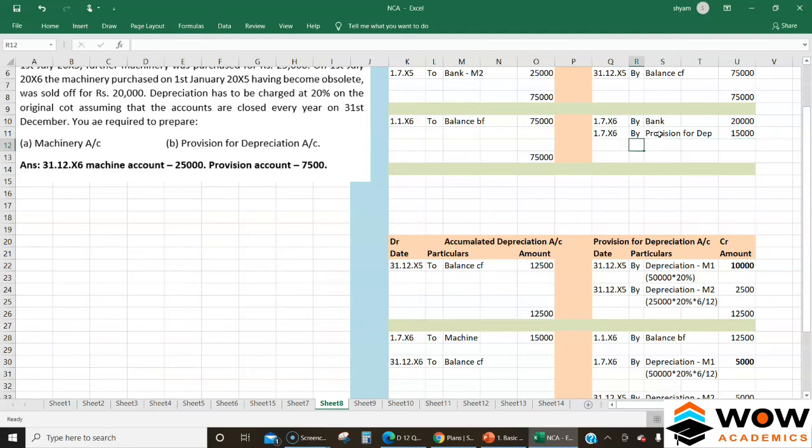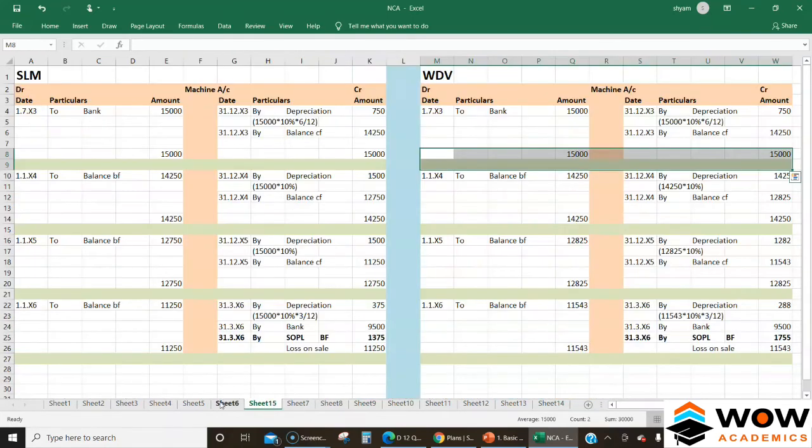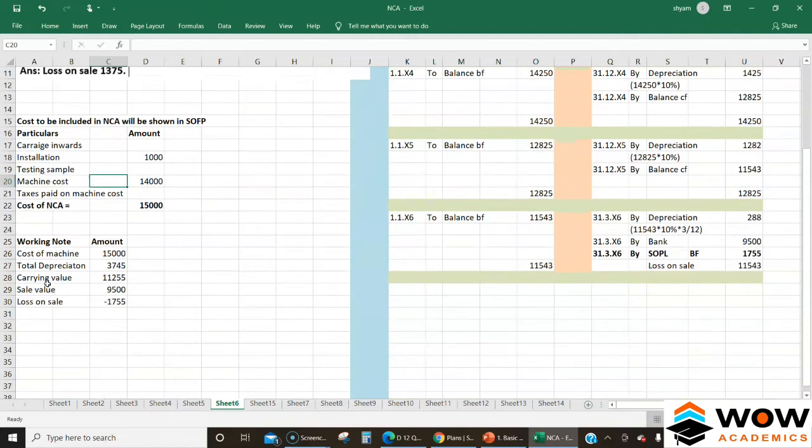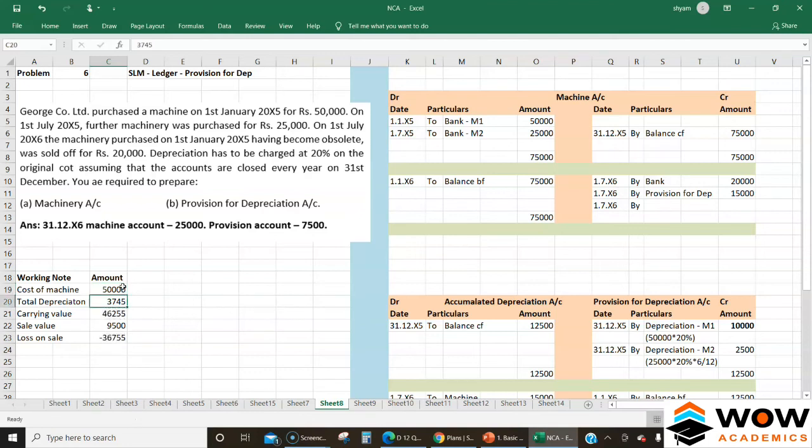Any profit or loss would again be here. How do we know that? The asset value was 50,000 and the depreciation is 15,000, so its current worth is 35,000.